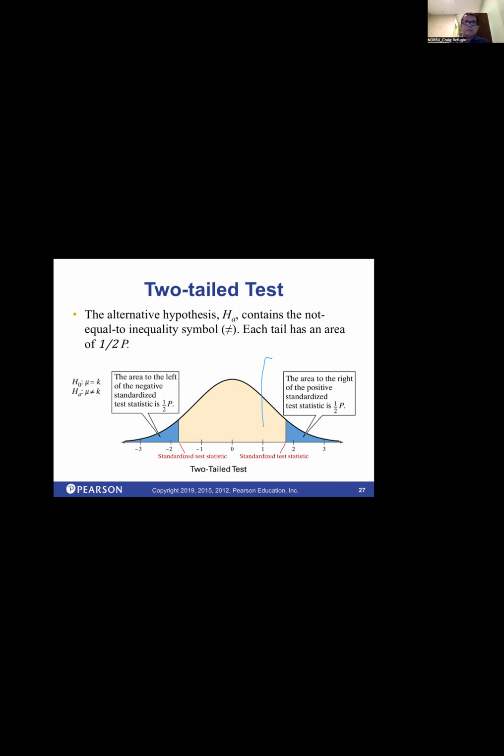If the alternative hypothesis is using not equal to, that means it has to be divided into two. One is going to the left and one is going to the right side. That's why we classify that one as a two-tailed test. But then again, our point of reference is the alternative hypothesis.